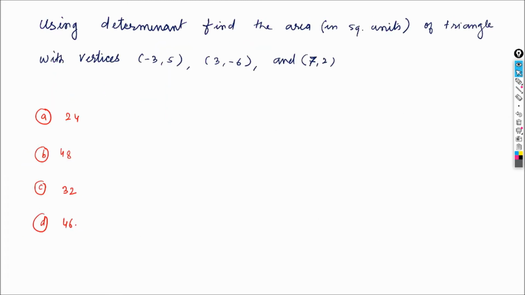So let us understand one more important question. What is our question? Using determinant, find the area in square units of the triangle with vertices minus 3, 5, 3, minus 6 and 7, 2. We know that the area of a triangle whose vertices are given is 1 by 2 times the determinant with rows x1, x2, x3, y1, y2, y3, 1, 1, 1.